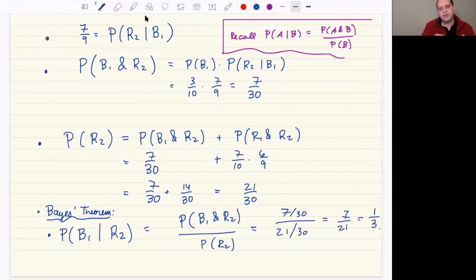I want to notice that knowing whether or not the second ball was red actually influences the probability that the first ball is blue, because the counts could change. If the second ball was red, that makes it more likely that the first selection was blue, right? Because if the first selection was red, there would be fewer reds on the second draw. So knowing what happens later actually can affect what happens earlier if we think about it in this kind of reversed order way.